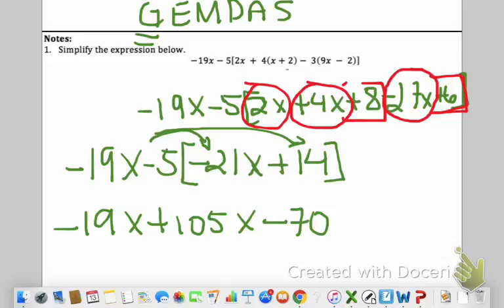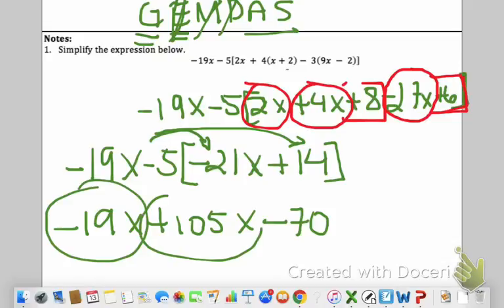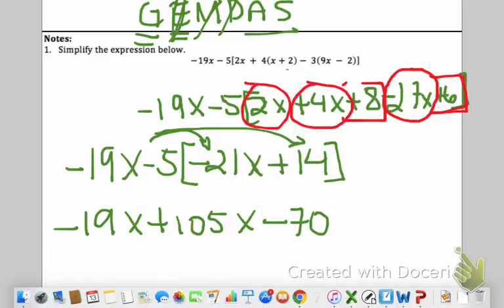So now that we've eliminated our grouping symbols, we can go on to the following letter in our order of operations. So we don't have any exponents. We don't have any multiplication or division left, but we do have addition and subtraction. So remember, we work from left to right. So we're going to combine our last two like terms, -19x and positive 105x.